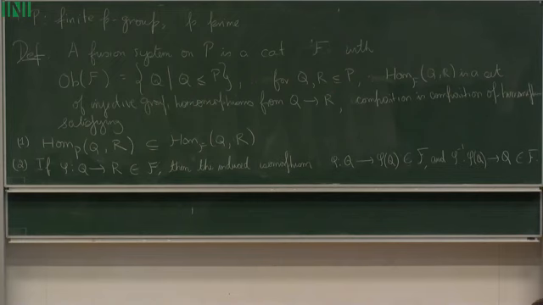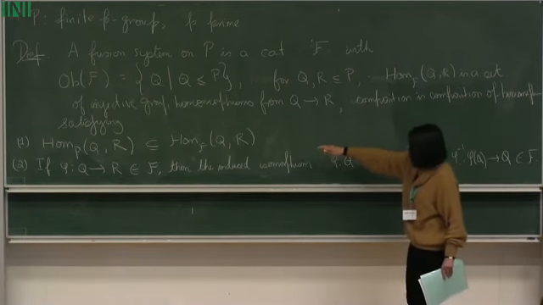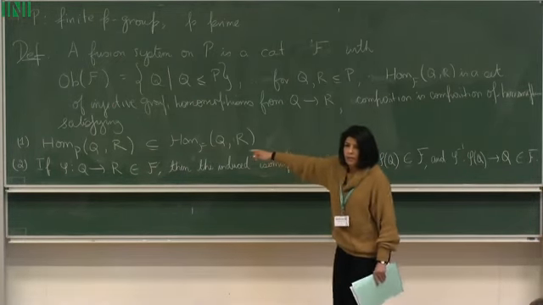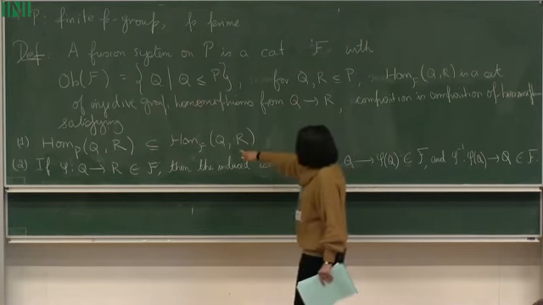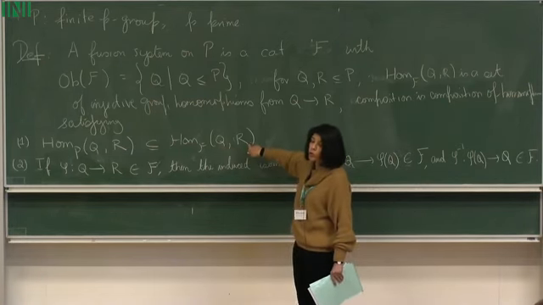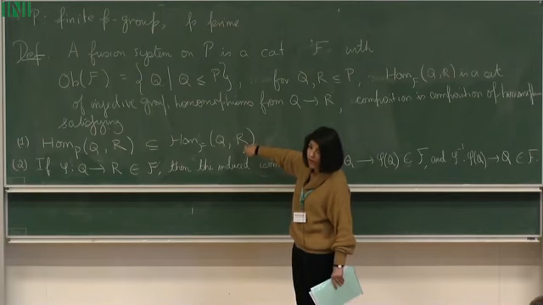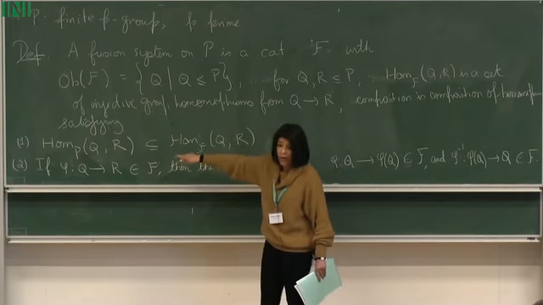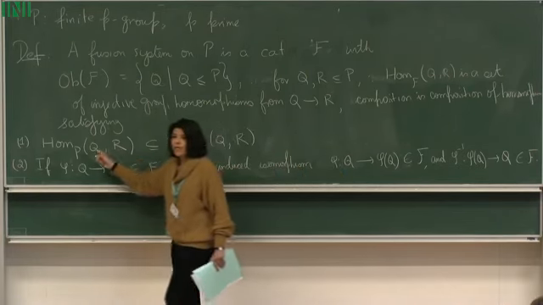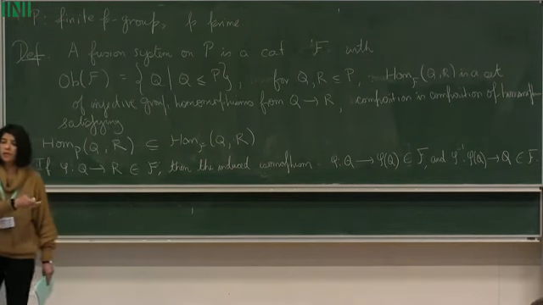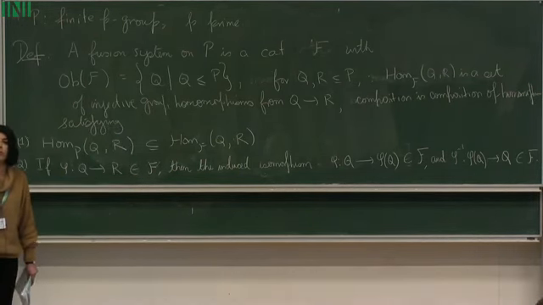If you look at these two conditions together, the first thing to notice is that the inclusion from Q to R, if Q is a subgroup of R, is always included in the morphism set, because the inclusion is effected by a conjugation, namely conjugation by 1.